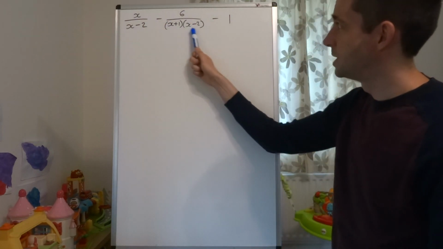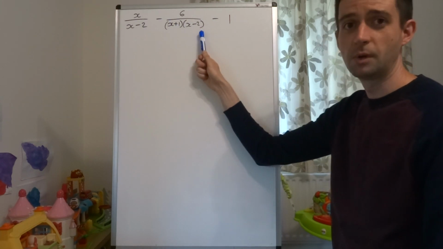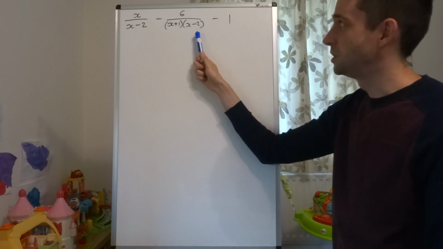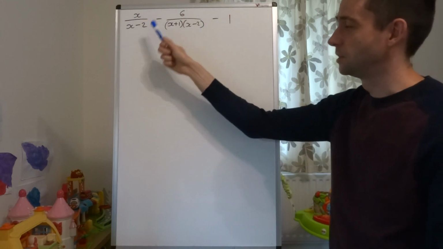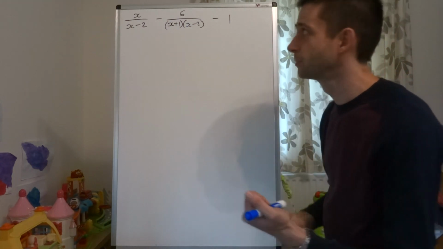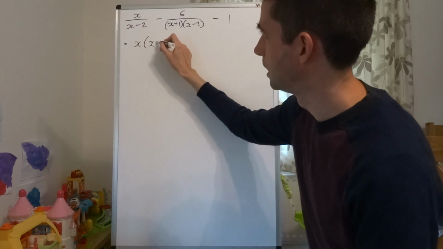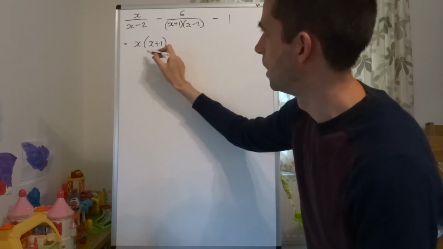Now, the common denominator that I'm aiming for, for all three of these fractions, is x plus 1 times x minus 2. So I need to think, what do I need to do to each of the other things to turn the denominator into (x plus 1)(x minus 2)? Well, with the first one, I would need to multiply the numerator and the denominator by x plus 1.